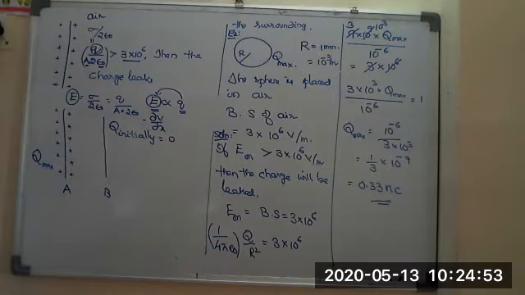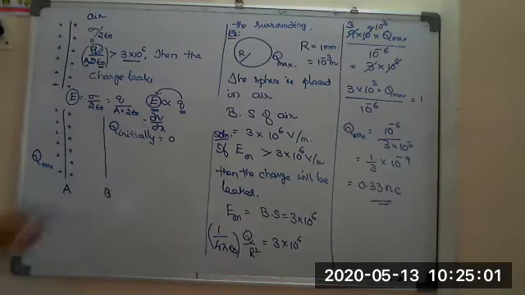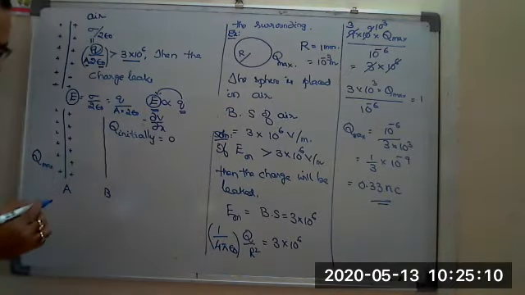Then what happens if it is close to plate A? Since both are conducting plates, immediately by the method of induction, something happens here.